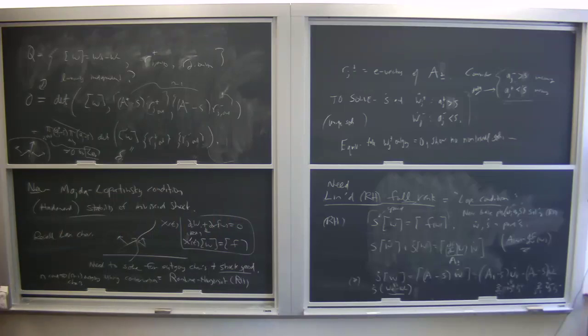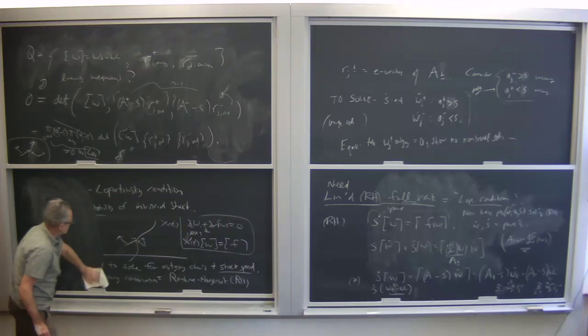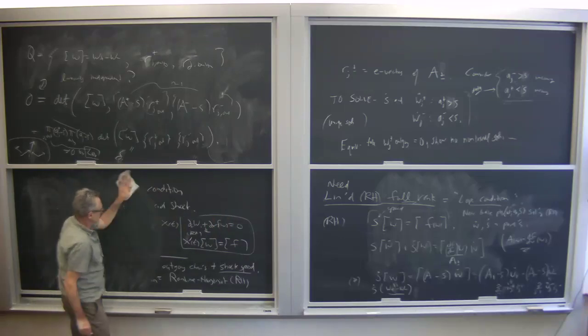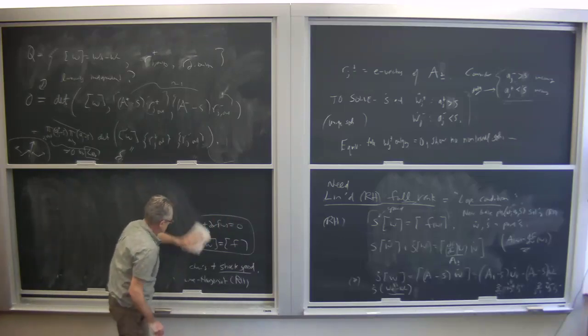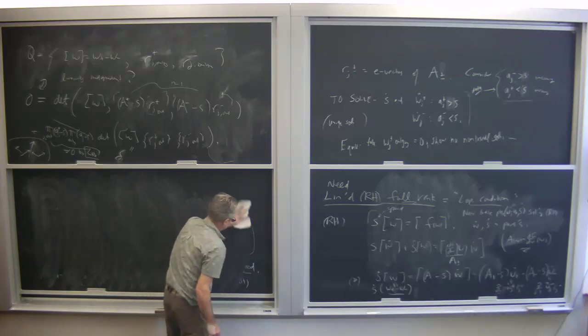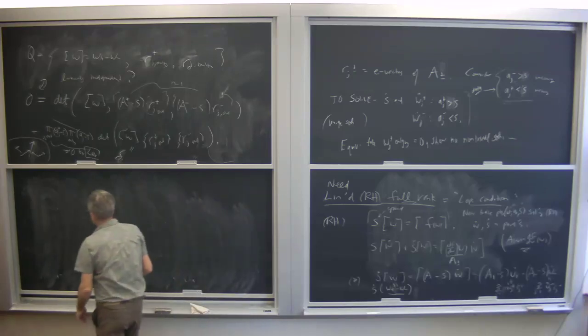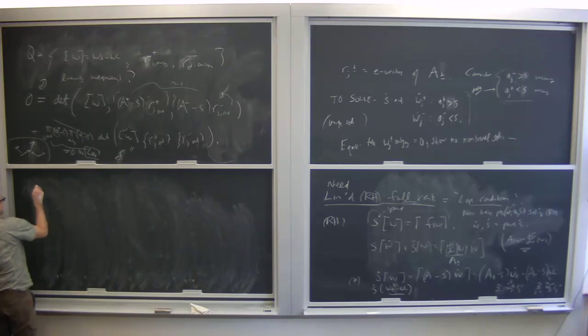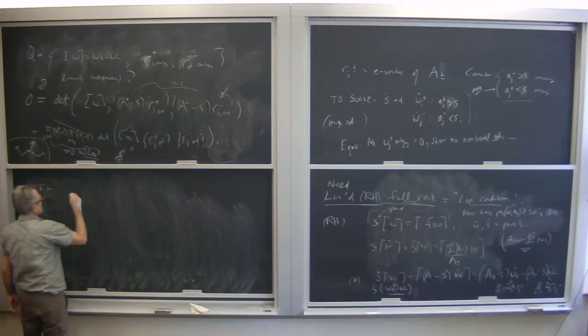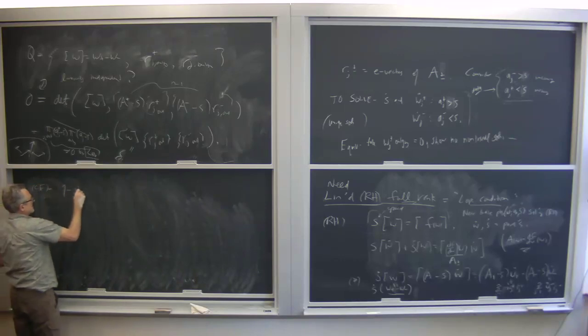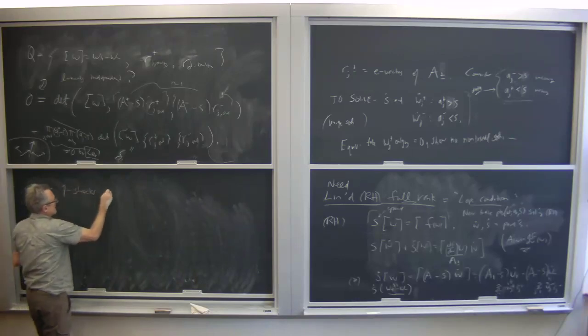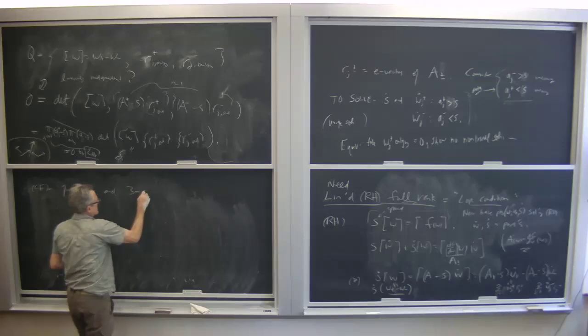Okay, so maybe I'll just mention a couple of things. For compressible Euler, we have one shocks and three shocks.